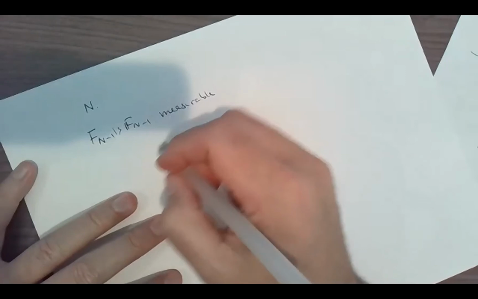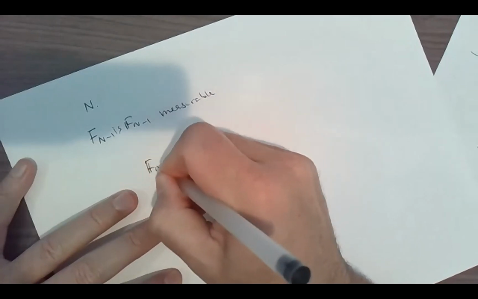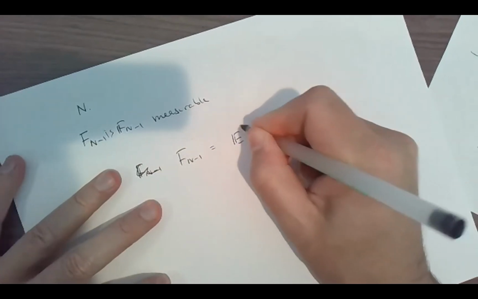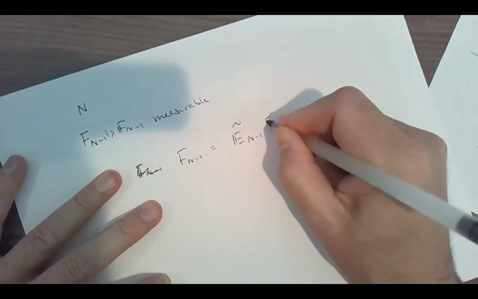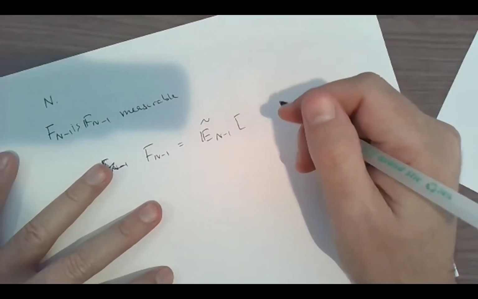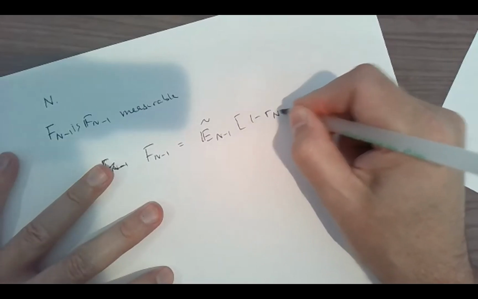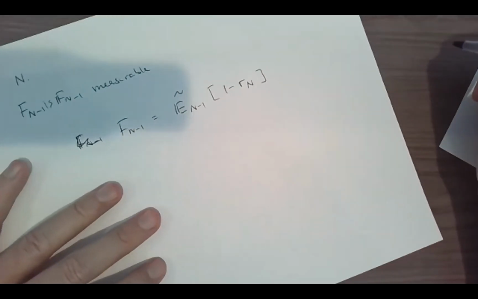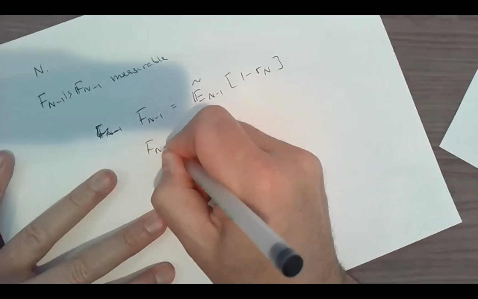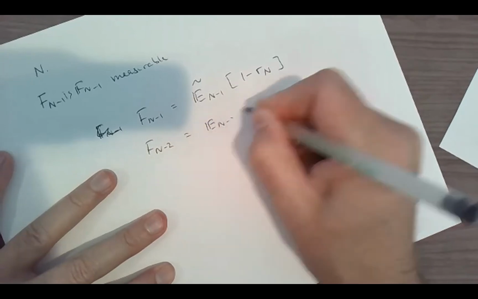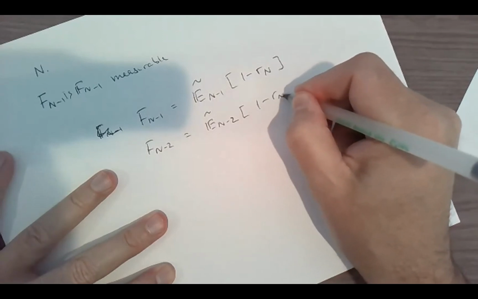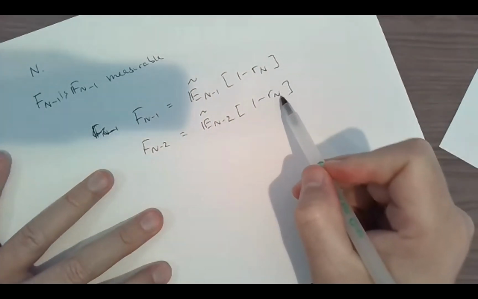So Fn-1 is going to be the conditional expectation of the terminal value, which is whatever is given. This is 1 minus Rn, right? Yeah. And then Fn-2 is going to be the conditional expectation of 1 minus Rn-1. No, there's no -1 here.